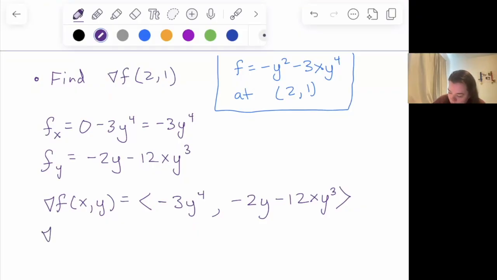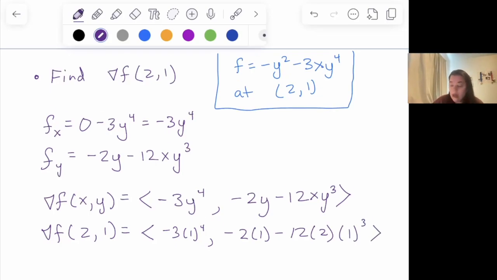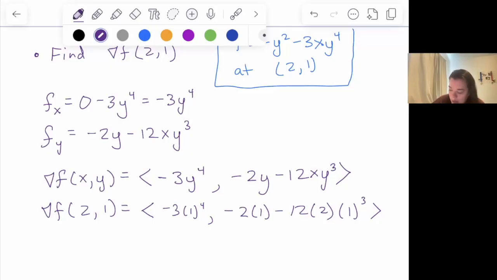So we actually need to go through and calculate the gradient vector at the point (2, 1). We would plug in the y's where they go, and we would plug in the x's where they go. Again, I'm trying to do this with no calculator, as I know many calculus classes don't allow the use of calculators on exams, so you might be expected to do something like this without a calculator on an exam.